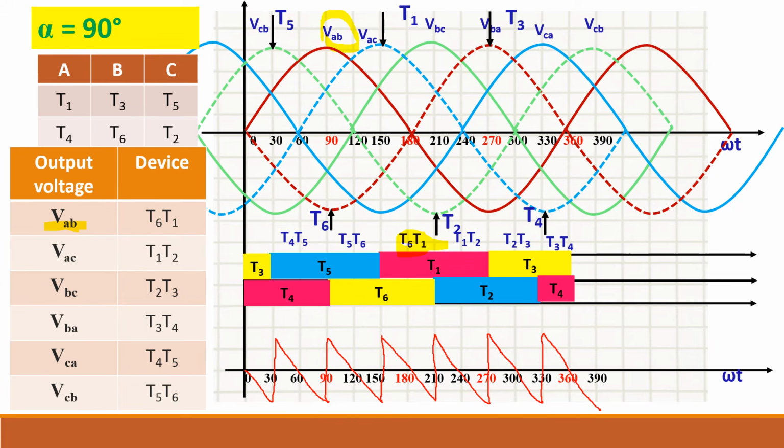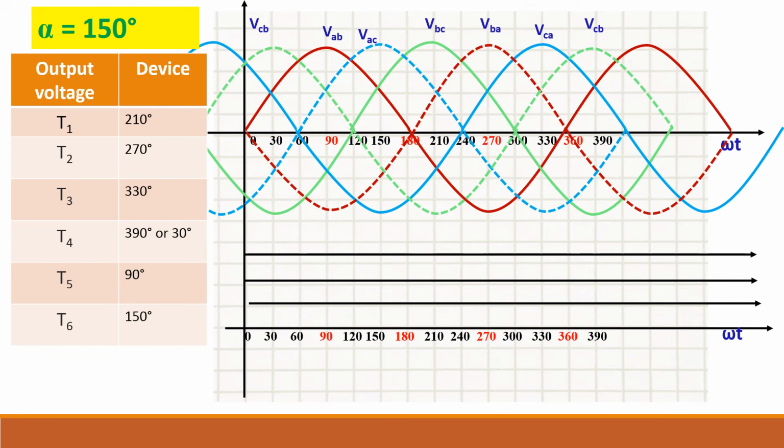So the T1 and T6 period is from this to 210. So follow this waveform till 210. So your output is like this. Next you follow the VAC waveform, then follow the VBC waveform. So now it is simple.